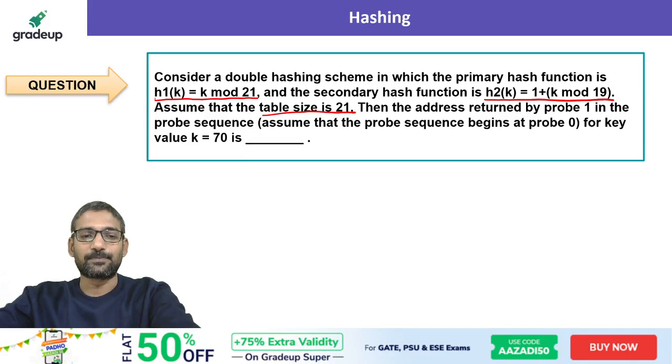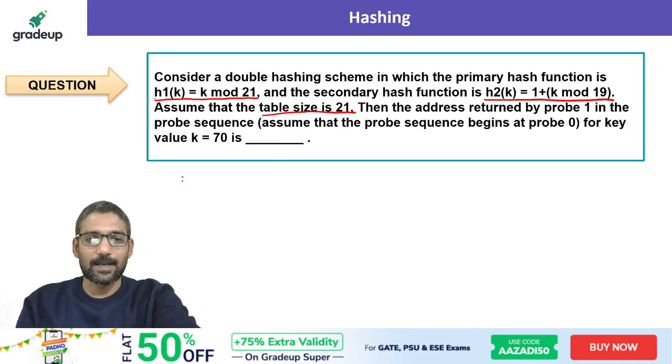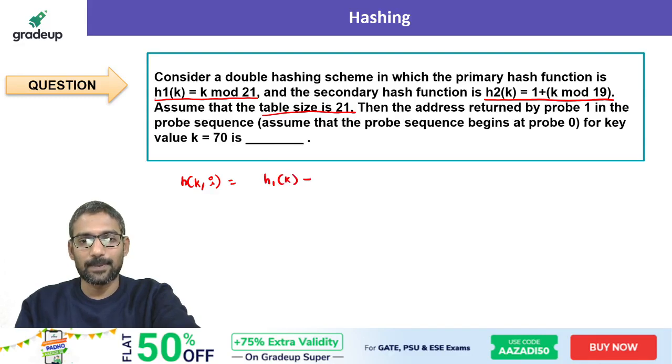So how do we solve this? It's a double hashing scheme. So what does the double hashing hash function say? H of k comma i is equal to h1 of k plus i into h2 of k, whole modulus m.